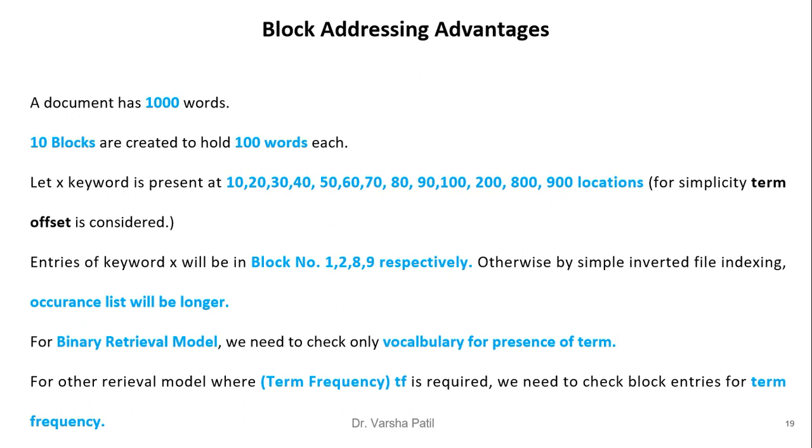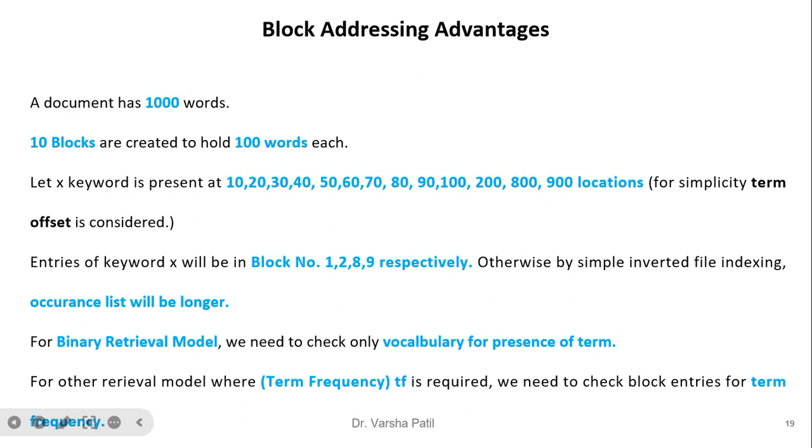Now here this is nothing but the X location. So X occurs at the 10th location, X occurs at the 20th location. Now if we are using the normal inverted file index, what will happen? We require to write down in the vocabulary X, and after that we will write down 10, 20, 30. So a long train of occurrences appears.